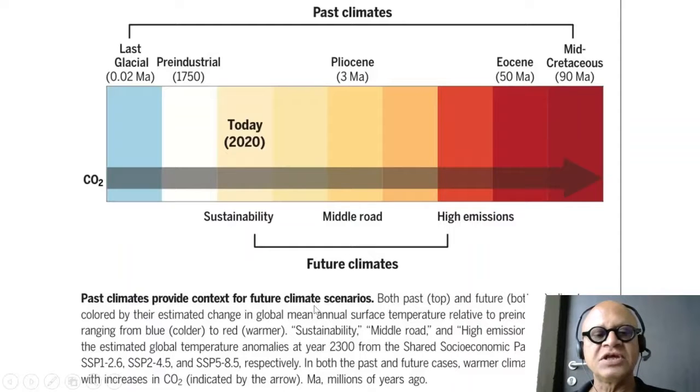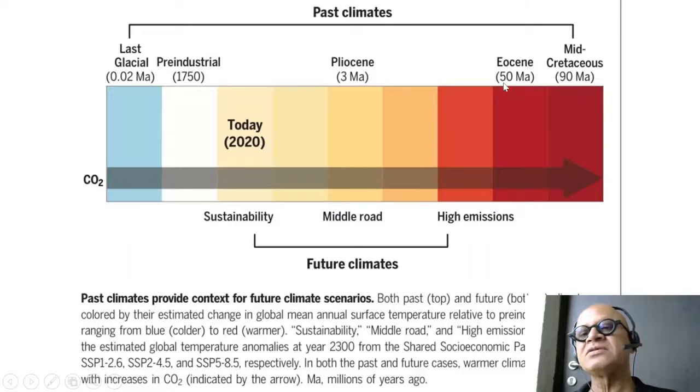This is the editorial summary of that paper, showing the scale of future climates. Sustainability versus middle of the road versus high emissions in the context of the last glacial maximum, pre-industrial, so going to 0.02 million years ago, back to year 1750, today, and where we are headed in the future.